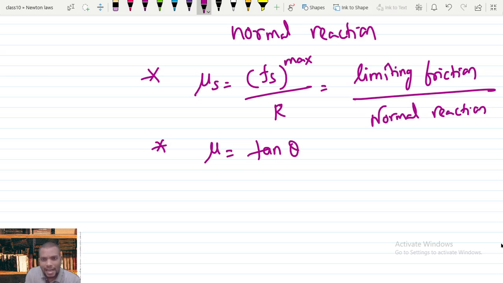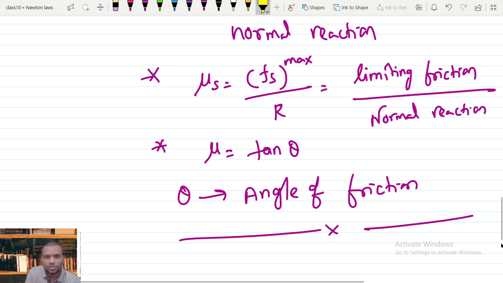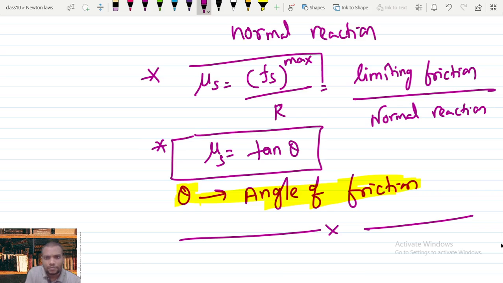Here theta is the angle between the resultant of limiting friction and the normal reaction, measured with respect to the normal reaction. This theta is called the angle of friction. This angle of friction is very useful for further simplification. So these two terms are equal: tan theta equals mu s.